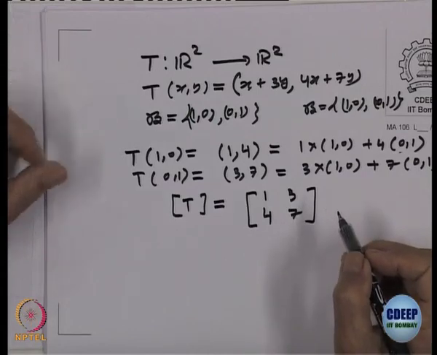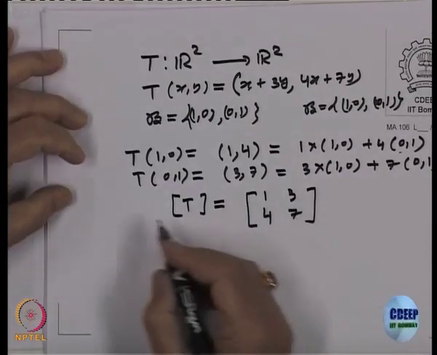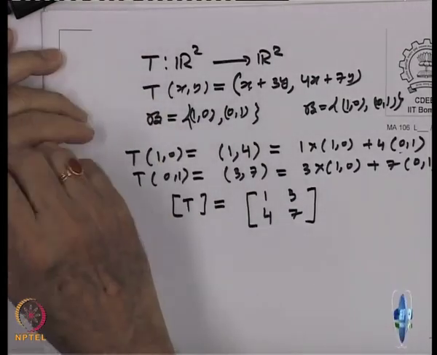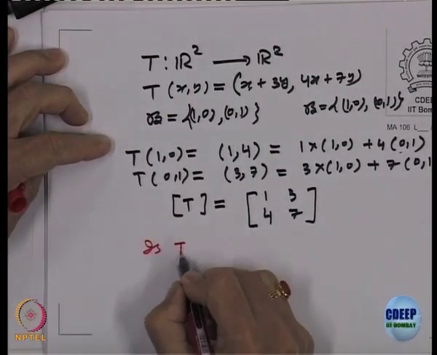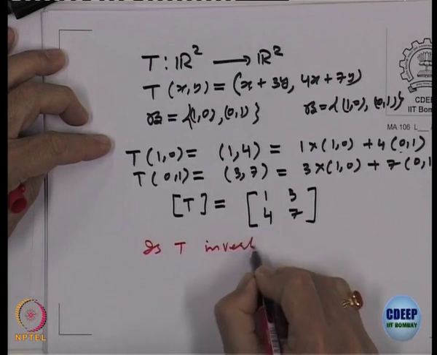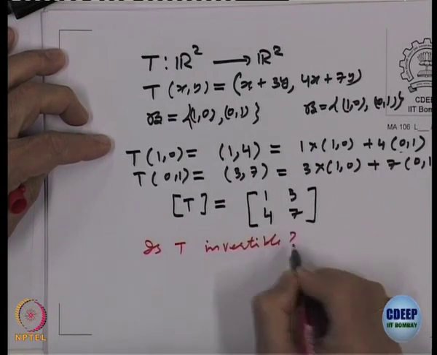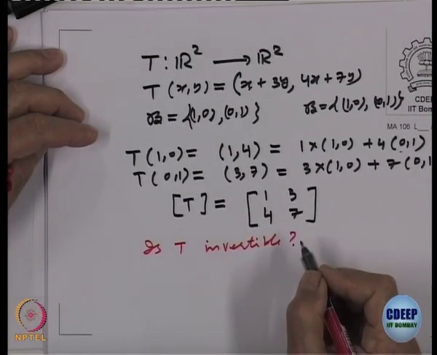So, now I want to check whether T is invertible or not. So, the question is, is T invertible? How do I check? Either I can check that the kernel of T is just 0, or by rank-nullity, the range, which is the column space, has dimension 2, or the determinant, which is going to be very useful.